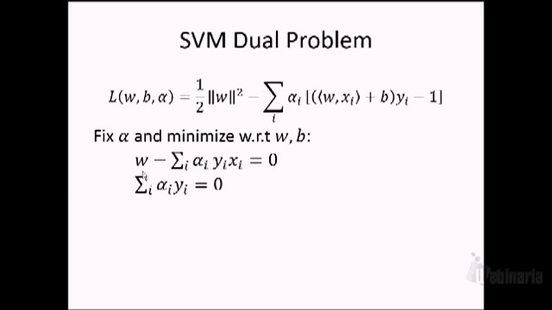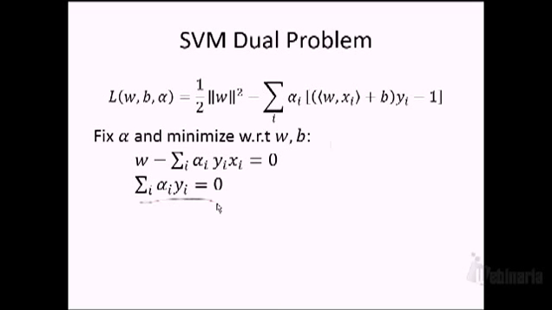And now this condition basically tells you that w is a weighted combination of the training examples. And you can just plug this into the Lagrangian and you are done, because it doesn't constrain your choice of the alpha i's.